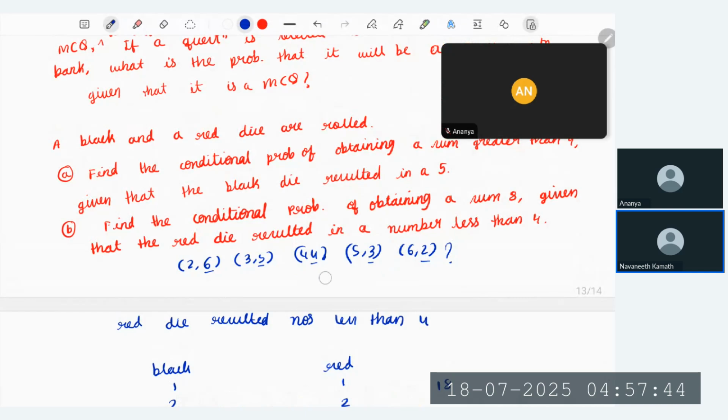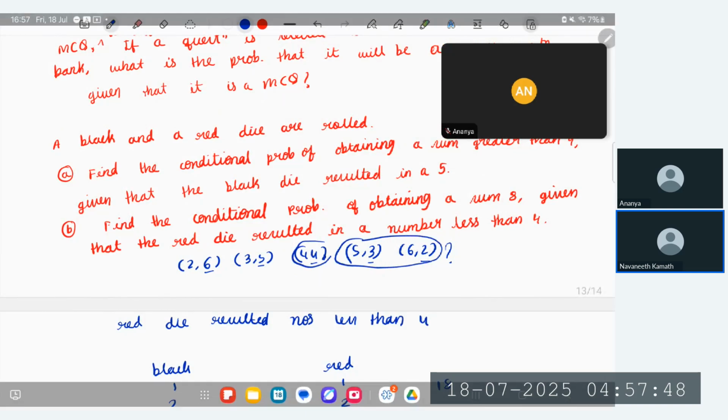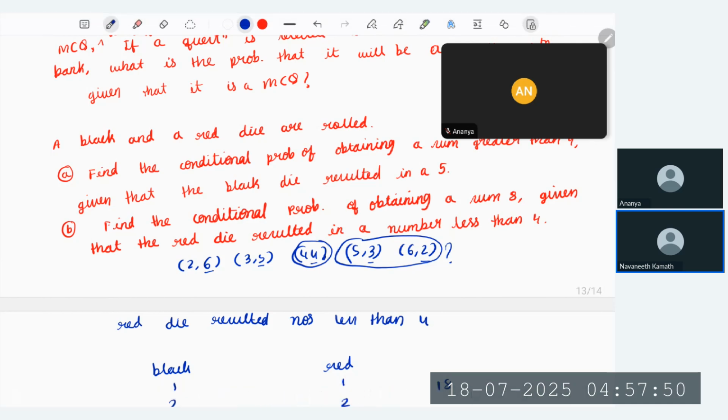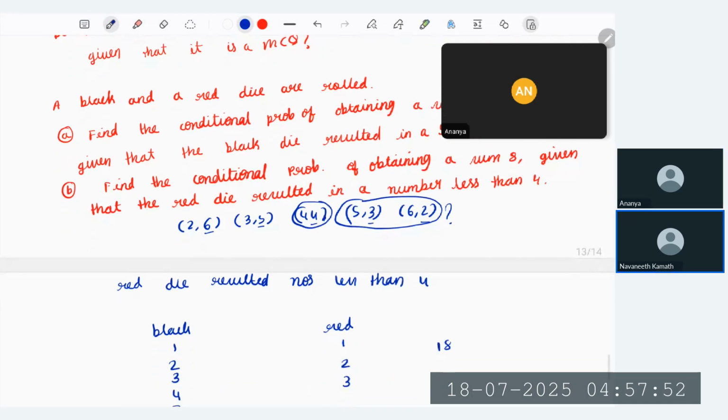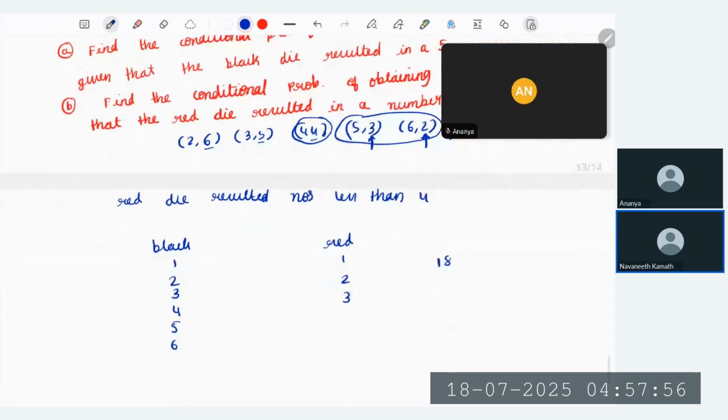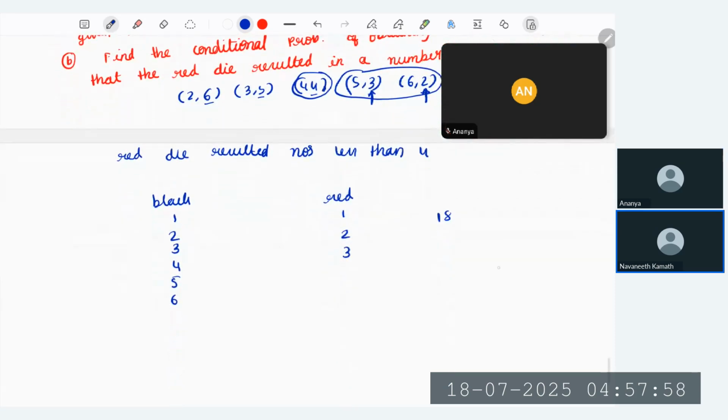So here these two will be favoring. This one is not possible, because it is less than 4, it should be the second one. Consider the second die as the red die. The common between these two events is 2. Total number of possibilities is 18. So it is 1 by 9.